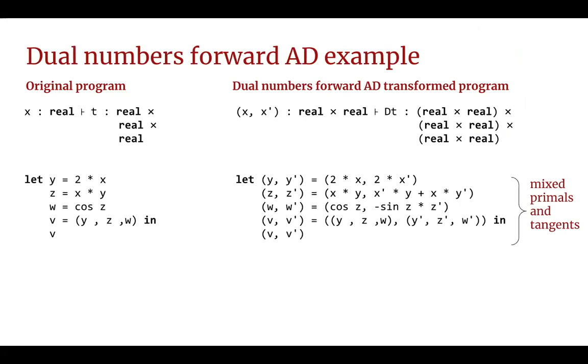So what it does then is, instead of first running a primal pass and then a tangent pass, it interleaves those two passes. So on our example program, we see that the program gets sent to a program that has exactly the same control structure, but where each, I guess, bit of data is sort of doubled up, right? Y gets sent to y comma y prime. X gets sent to x comma x prime. It's the input.